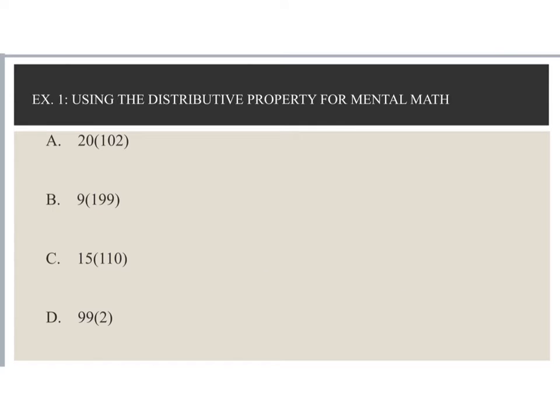Now, example 1 says using the distributive property for mental math. Okay, so to do mental math, sometimes it's easier to break down a number as opposed to trying to multiply it in our head as it is. So 20 times 102, I could really break this down into 20 times 100 plus 2.